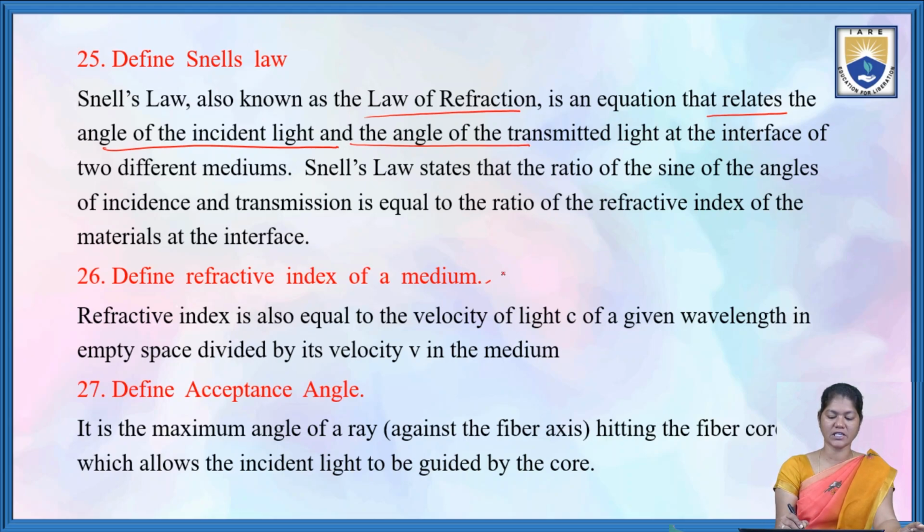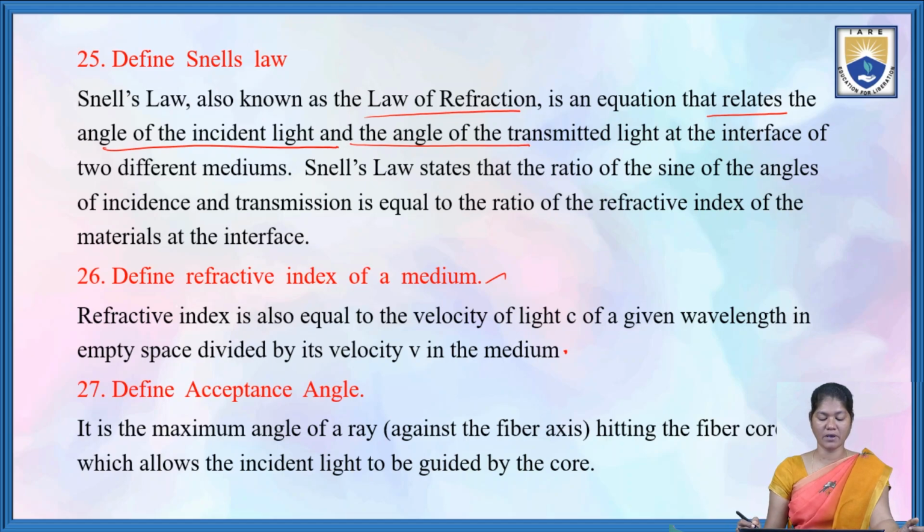Define refractive index of the medium. Refractive index is equal to the velocity of light c of a given wavelength in empty space divided by its velocity v in the medium. Define acceptance angle.